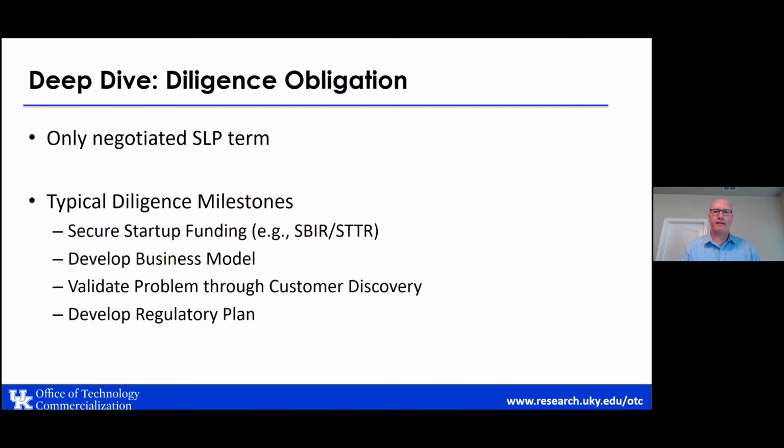And then developing the regulatory plan. If you're developing a technology that has regulatory oversight, having a clear understanding from the very beginning of what that landscape looks like and the likely path forward matters, because in deep tech commercialization that often sets the timeline, the money, the exit, and many other aspects of the commercialization process.